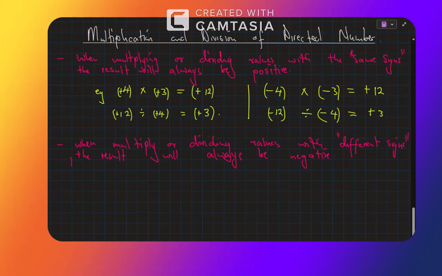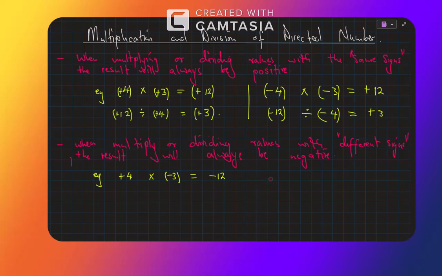For example, if we have positive 4 multiplied by negative 3, the answer is negative 12 because we are multiplying values with different signs.